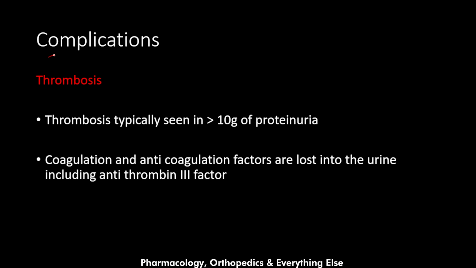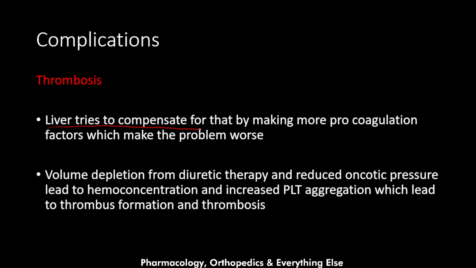So now let's talk about the complications. So one of those is the thrombosis. So the thrombosis typically seen in more than 10 grams of proteinuria lost per day, and coagulation and anticoagulation factors are lost into the urine, as we mentioned, including the antithrombin 3. The liver tries to compensate for that by making more procoagulation factors, which make the problem worse.